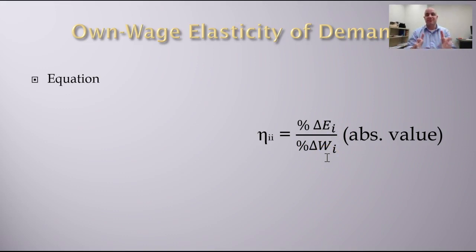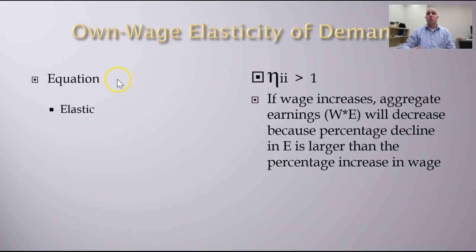When that's the case, if wages go up, aggregate earnings, which is the wage times the number of employees, will go down because, again, it's very responsive. If wage goes up, those existing workers who keep their jobs are going to get a bump in pay, but the number of workers is going to go down by a larger amount. So the percentage change in employment is going to be larger than the percentage increase in wage.